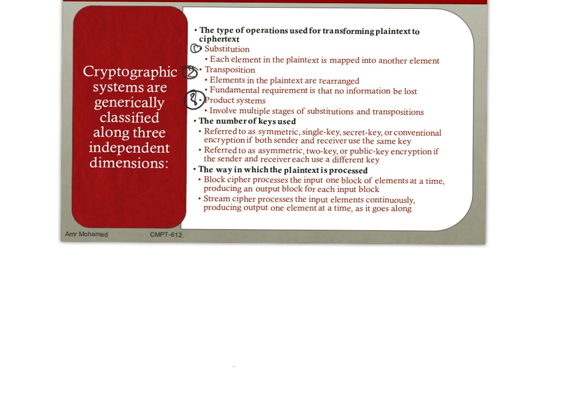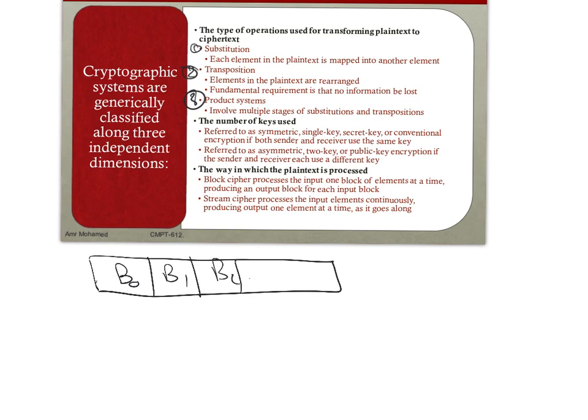By block ciphers here, we mean that we have the plain text and we divide the plain text into blocks, B0, B1, B2, and so on. Then we take each block, apply the encryption algorithm per block, and create some kind of ciphertext 0, and so on.